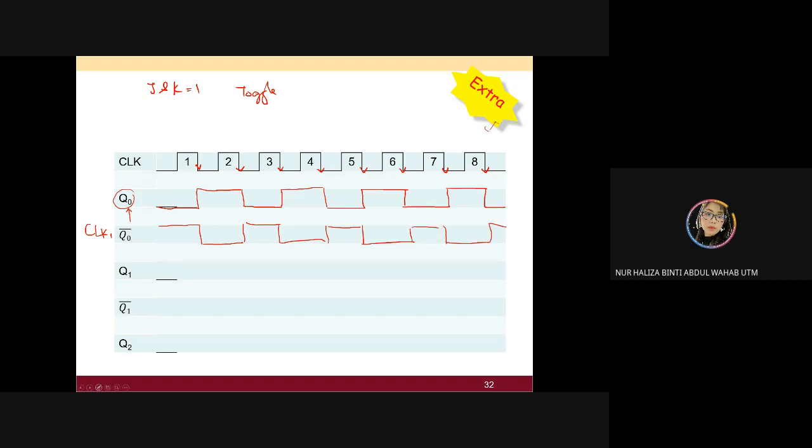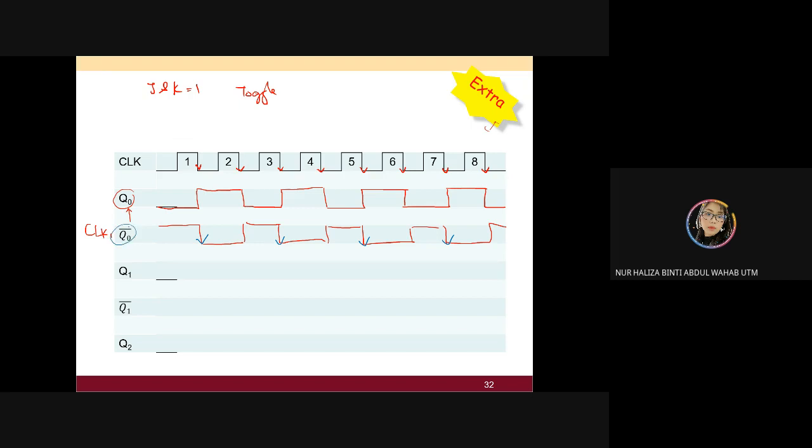When you have done, you're going to continue with the arrow also. Negative, negative, negative, negative. So you're done with this.